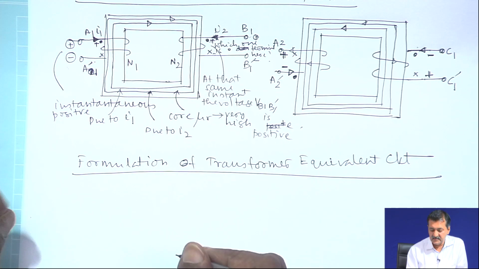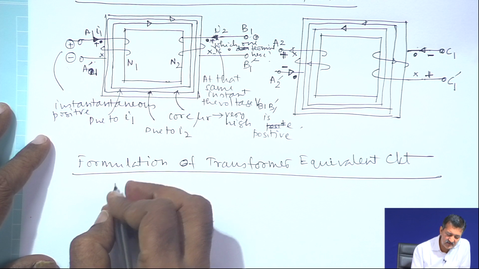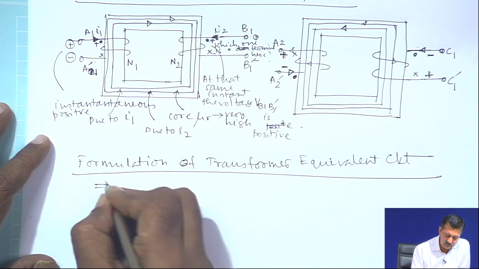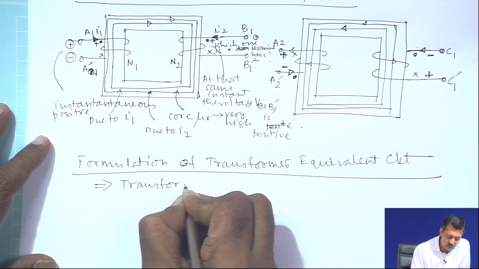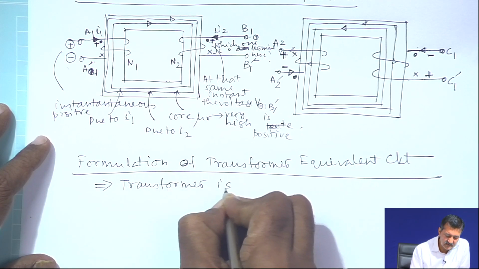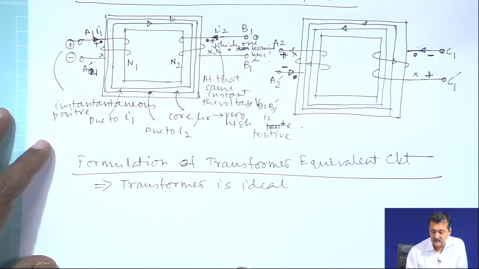First assumption is that there are two ways of looking at it. One way of looking at it is first think that the transformer is ideal. How do I define that the transformer is ideal?